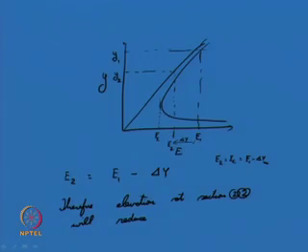Here, E1 minus del y m will give you the critical energy Ec at section 2, and if your hump height is greater than del y m, your energy at section 2 cannot go beyond Ec.